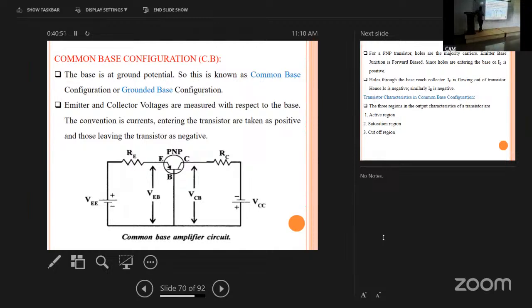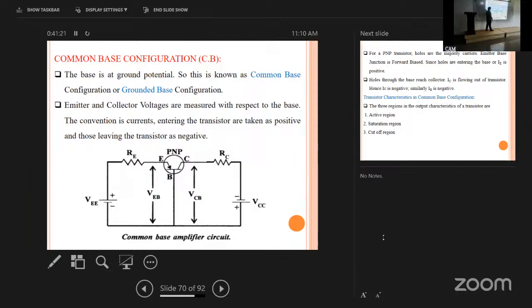Base current flows through the base, emitter current flows through the emitter, and collector current flows to the collector. The voltage between emitter and base is called the emitter-base voltage, and the voltage between collector and base is called the collector-base voltage.